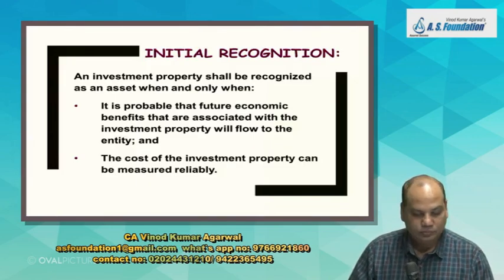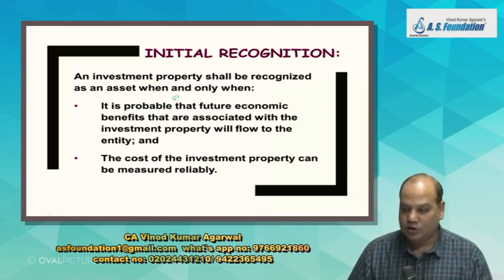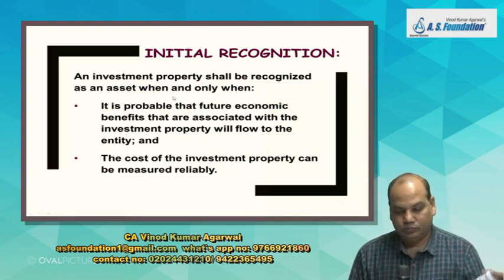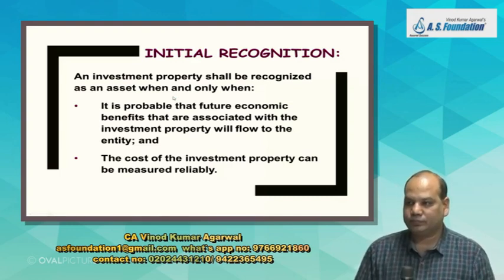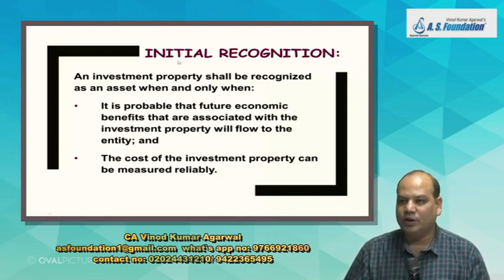Done. So this first few minutes we spent on understanding what is an investment property. Now the next paragraph is initial recognition. For all the assets that appear in our balance sheet, one feature is common.